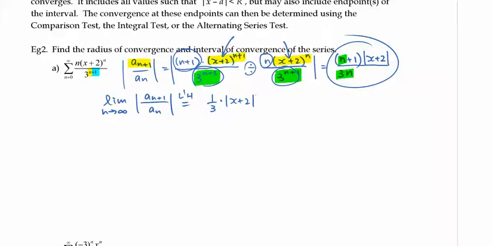So using the ratio test, if I want to make this series converge, we want the limit less than 1.